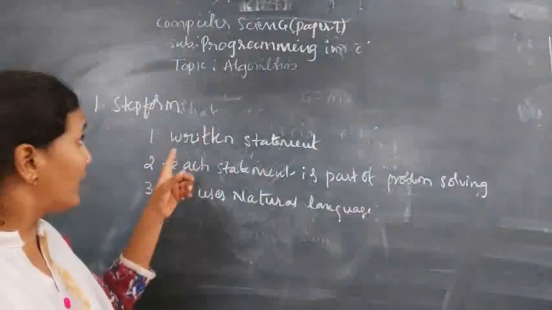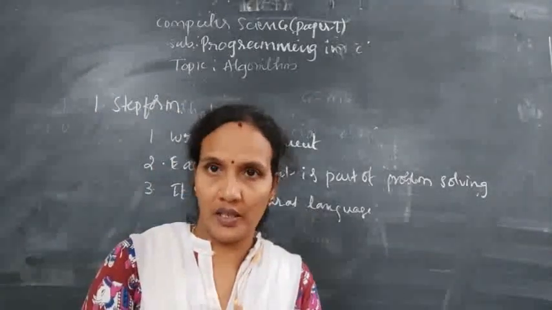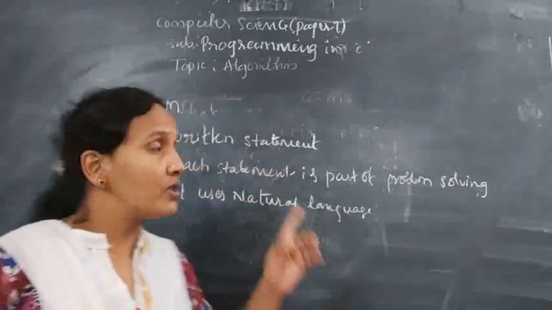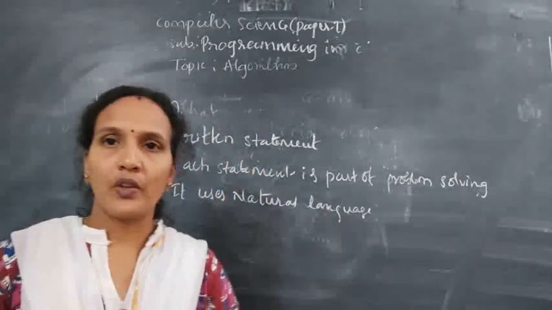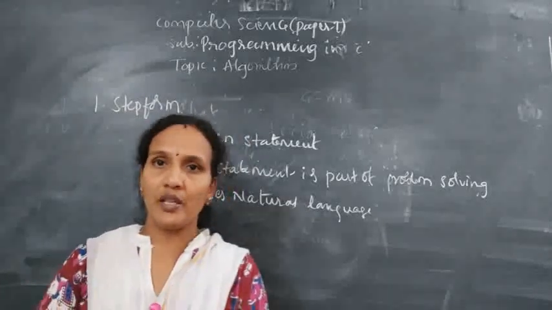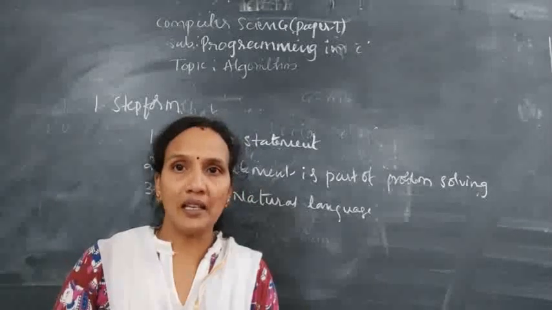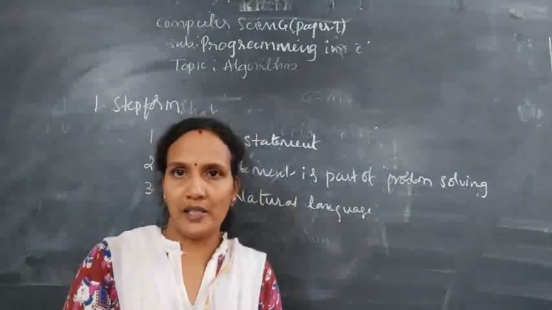And whatever statements are there, whatever solution is there, that is given using written statements, not using a programming language. Whatever solution is there, we give it using simple statements.